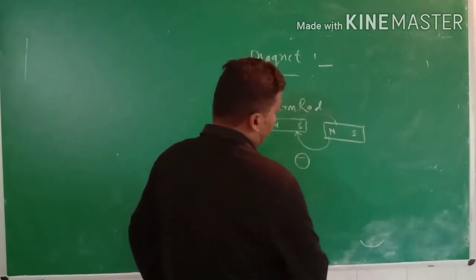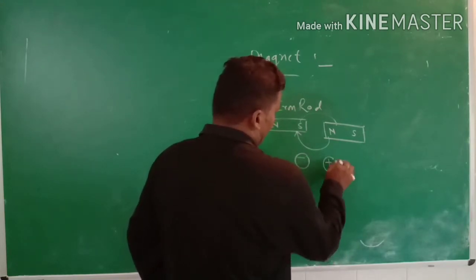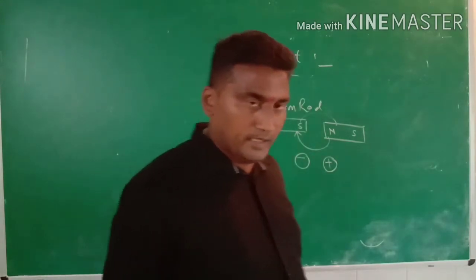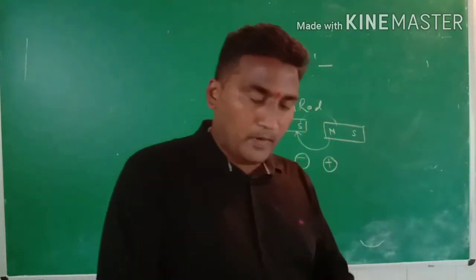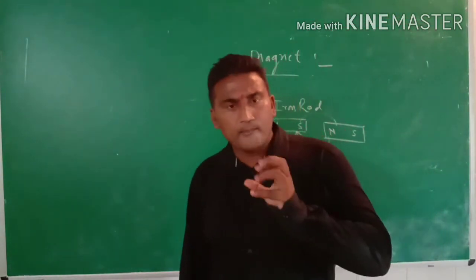Just the opposite pole is developed on the iron plate or iron rod, so the bodies are closely packed, and this property of attraction of the magnet is also known as magnetism.